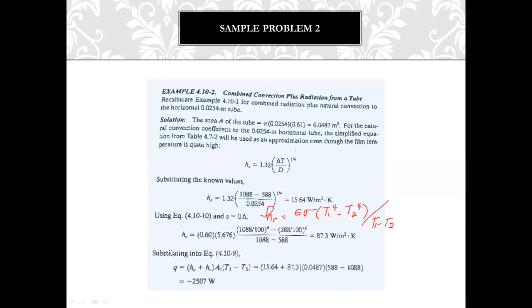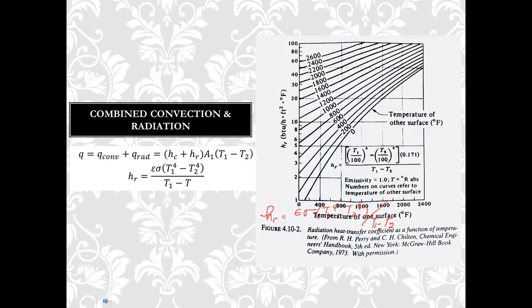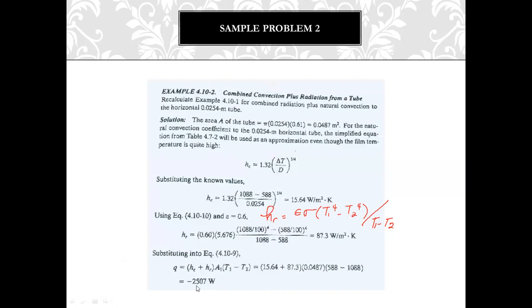So if you're going to compare, the total amount of heat being transferred from the tube, if it's just pure radiative heat transfer without convection, as in example 1, I will just keep the markings there, it's 2,130 watts. Okay, this is pure radiative heat transfer. Whereas if you account for convective heat transfer, it's 2,507.